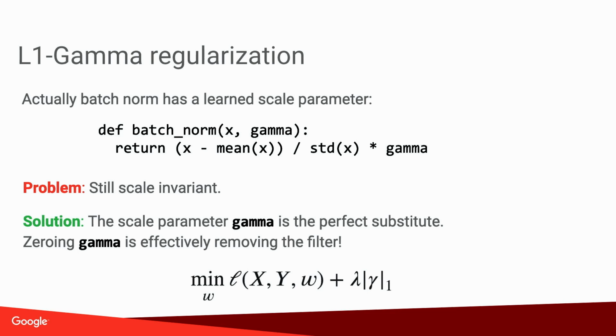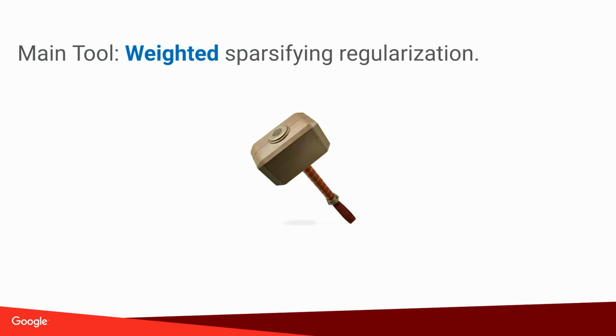And if we apply L1 on this gamma, we get back the property that we wanted, that we have a handle on a filter, and if we manage to push this handle to 0, the filter is essentially dead, and we don't need it anymore. So that's one of the key components that we'll be using in most of the networks.